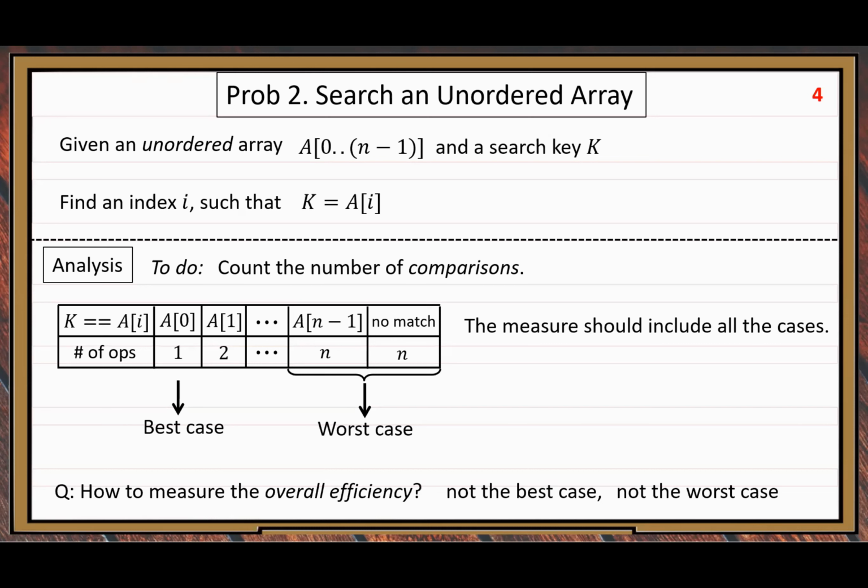Here, we want to use the best way to calculate the average. The mean, the average. All right. So how do we take the average of these n+1 cases in a fair way?